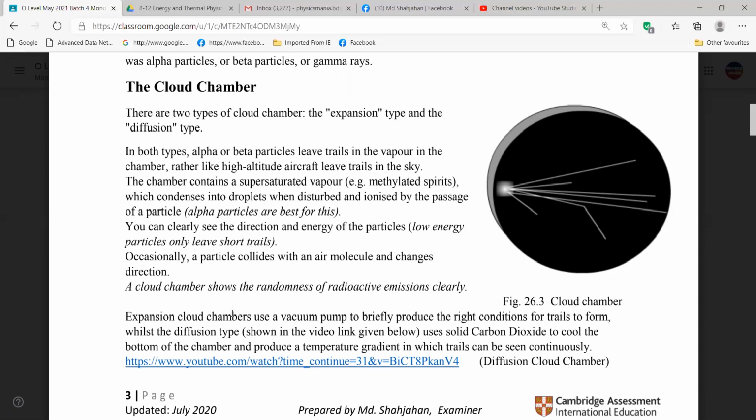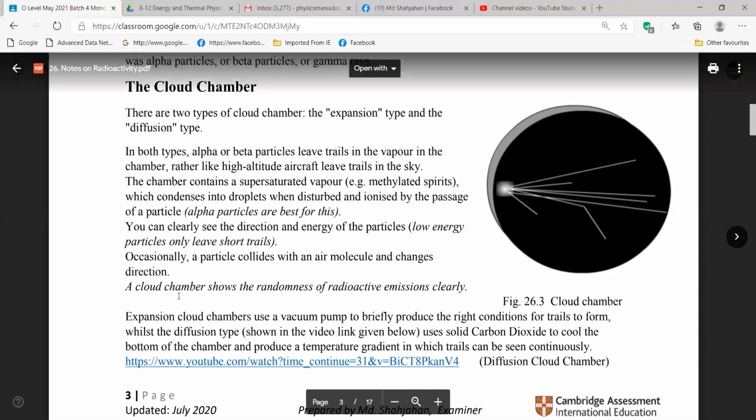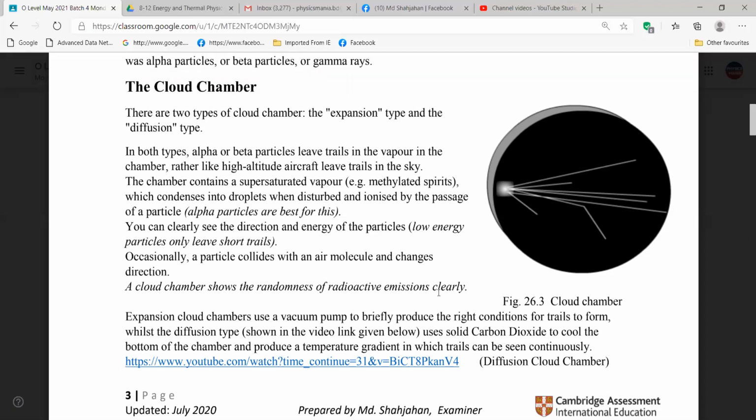Then the third one: the cloud chamber shows the randomness of radioactive emissions clearly.